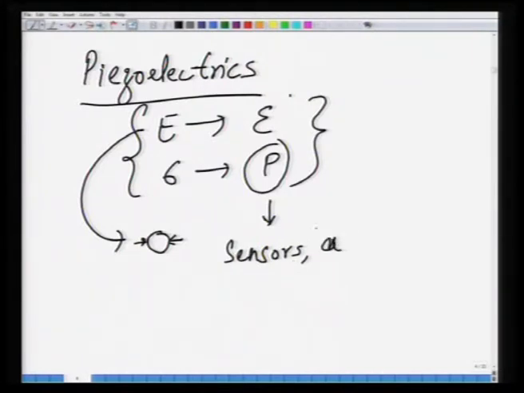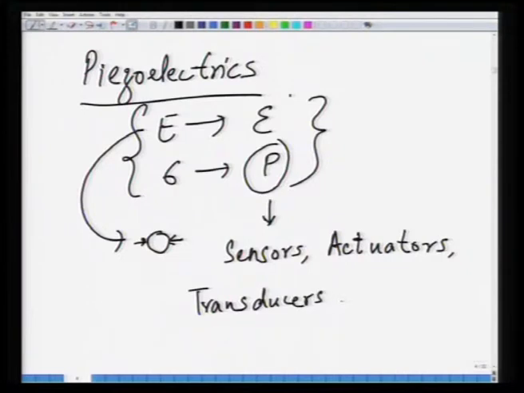You can use them for actuators. They are used for transducers, etc., and we will look at some of these applications when we discuss these materials in detail. So, this is one effect that is not seen in normal or linear dielectrics.